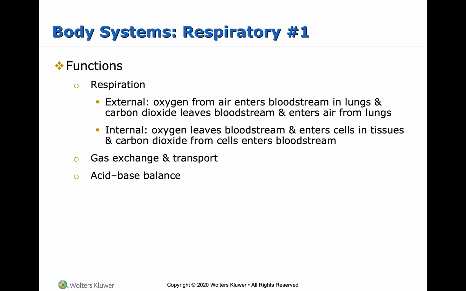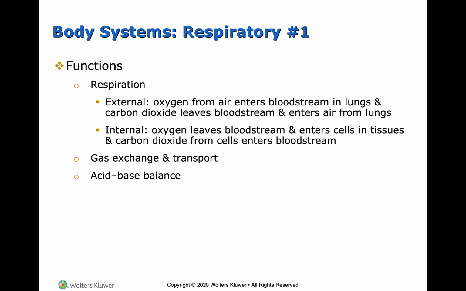And then the carbon dioxide enters the blood again. So then that deoxygenated blood from the tissues comes up from the veins back to the heart and into the lungs, where it's reoxygenated as external respiration. I know it's confusing. There's a really cool picture on page 140 that may explain it better than I did.